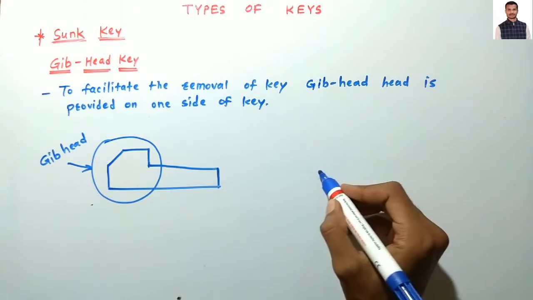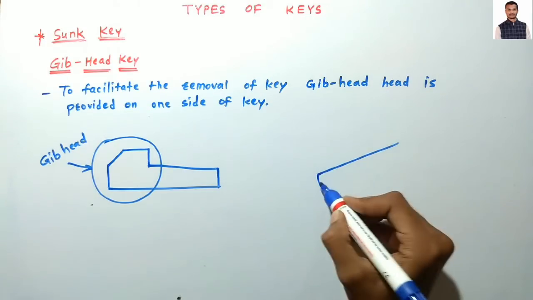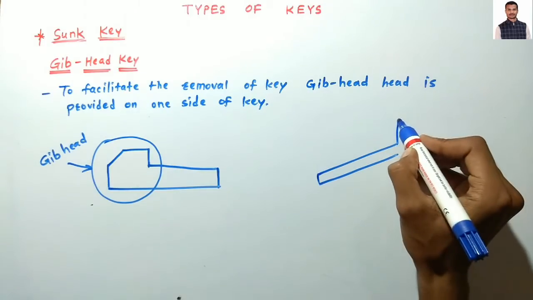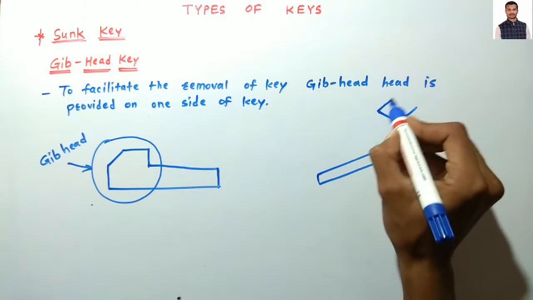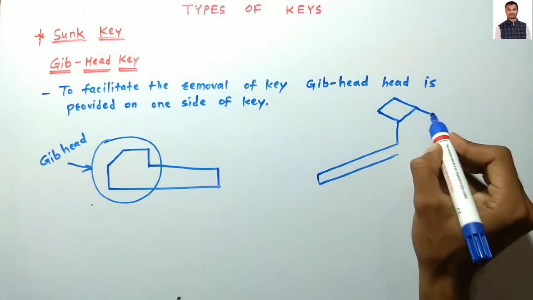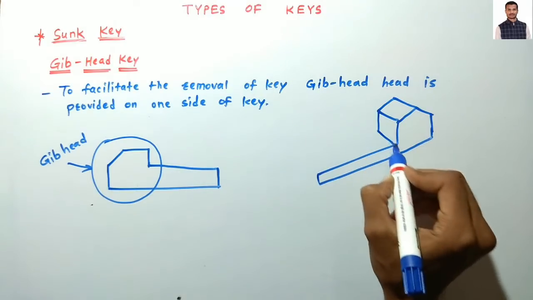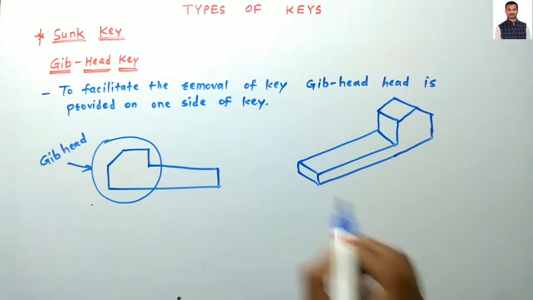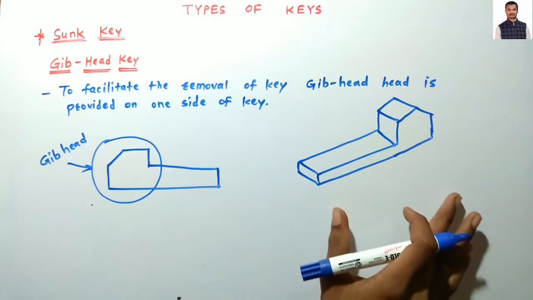Now in 3D also you can draw. In 3D it looks like this. This is the 3D view. In 3 dimensions the gib head key looks like this.